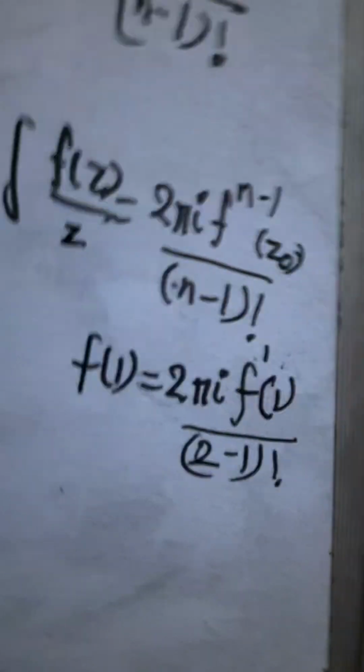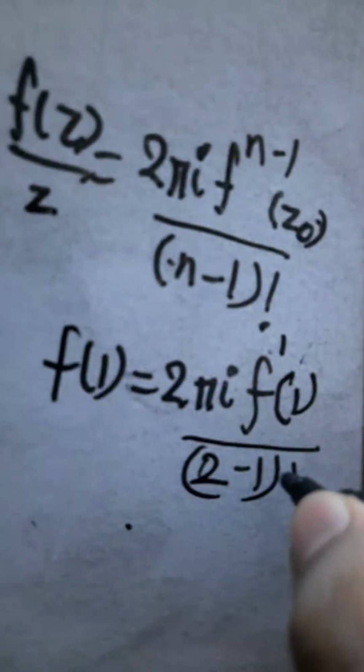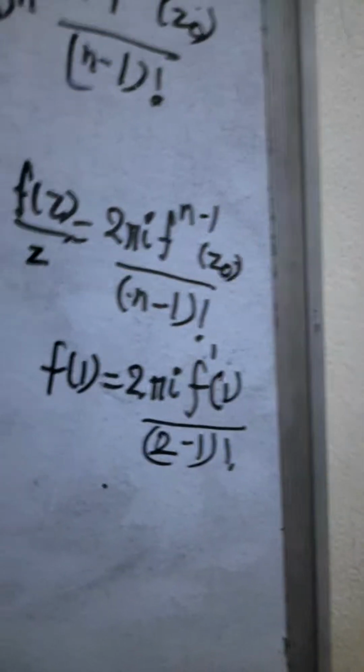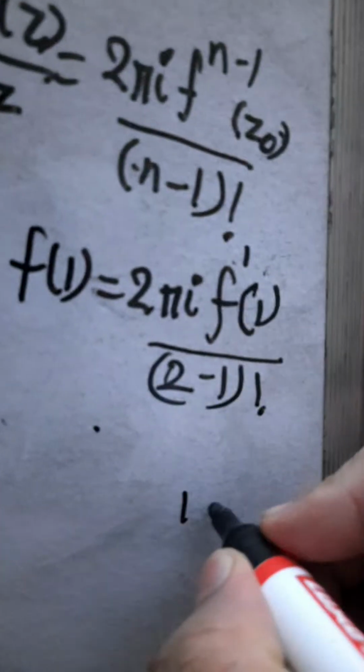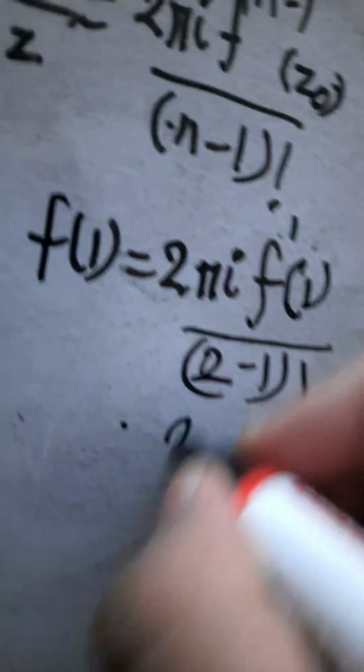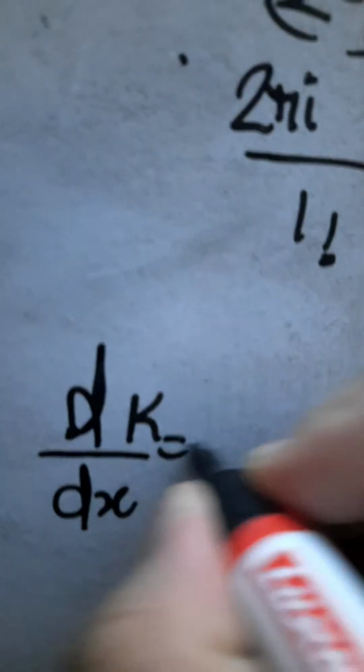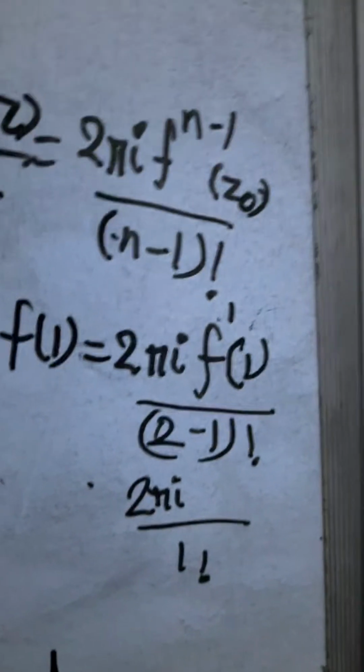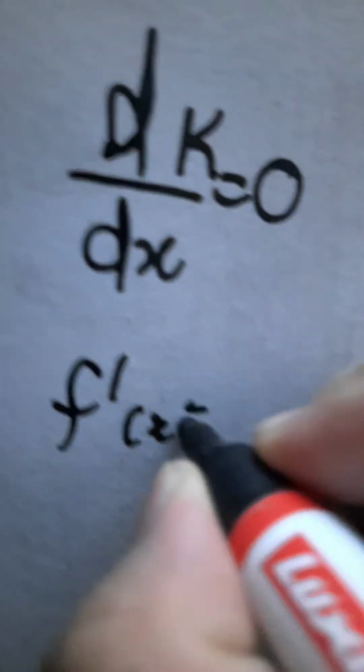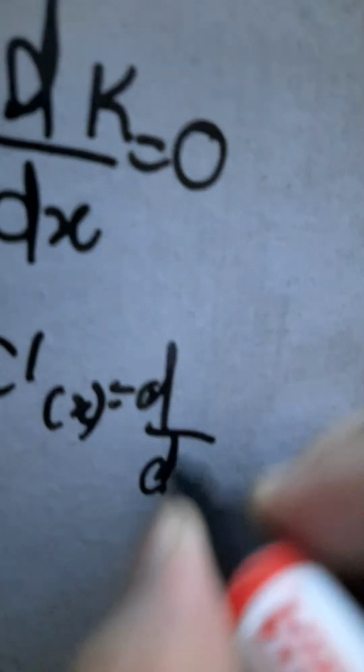So the f derivative, so this is 2 minus 1 is 1 factorial, which is 1, 2 pi I into 0. d by dx of a constant is always 0. Since 1 is a constant, its derivative would be 0. So f dash here means f dash of x equal to d by dx of x, right? So f dash of x means derivative.